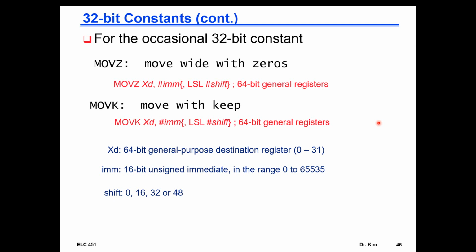One is the move wide with zeros combined with a shift, which is going to allow us to essentially capture the upper half of that 32-bit constant. And then the next one is move with keep, which is going to allow us to get the lower half of that 32-bit constant.